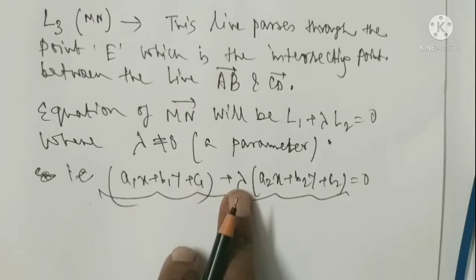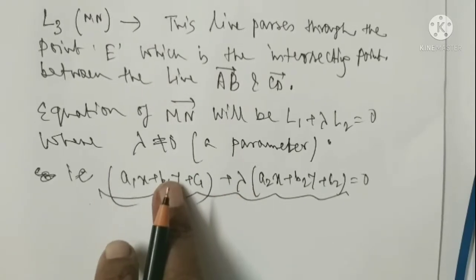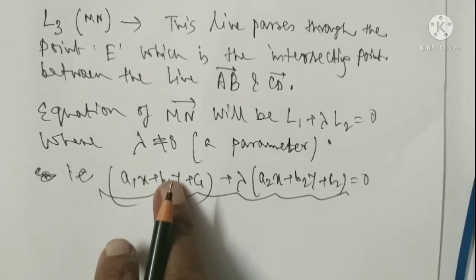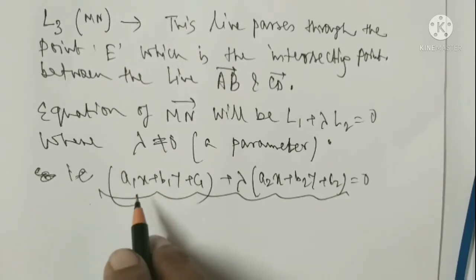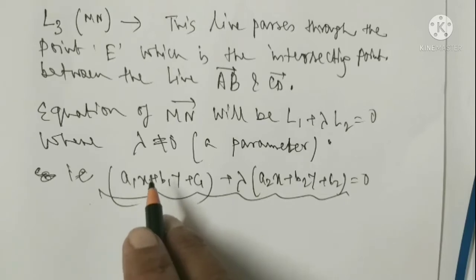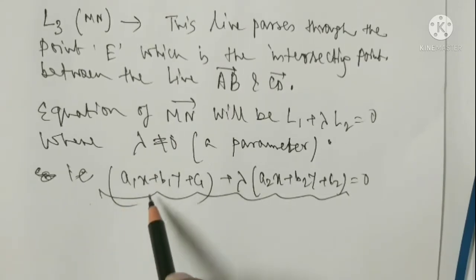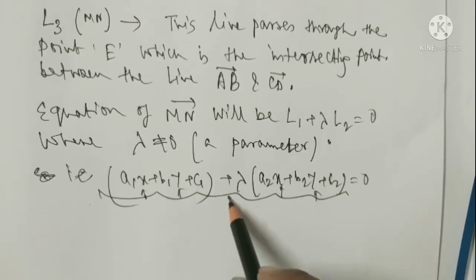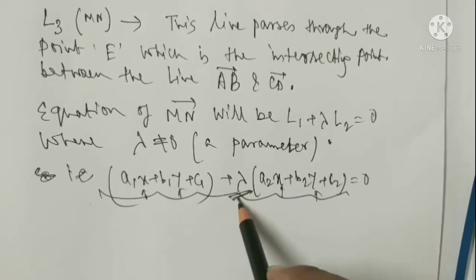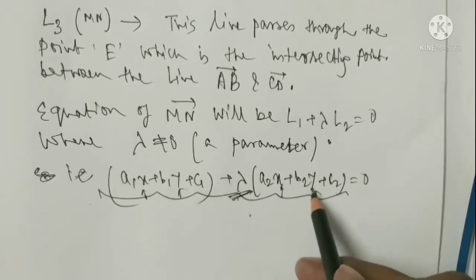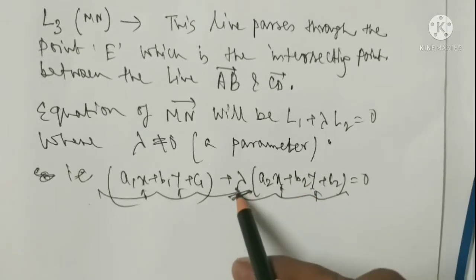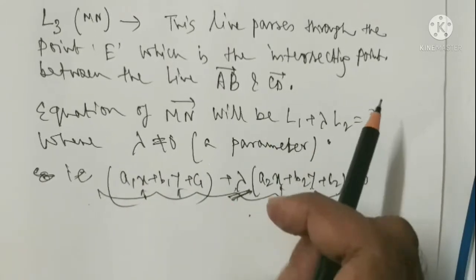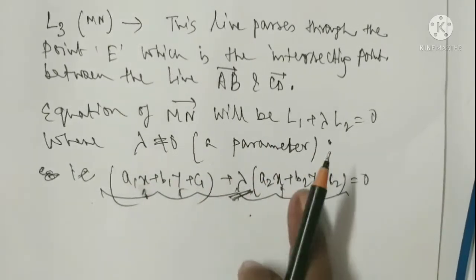Lambda is unknown here, and the intersecting point, some point, suppose 1 1, 1 2, 1 5, 2 7, anything, will be given in the problem, or we will find out from the given conditions, and then we put here x y, and then only lambda will be unknown. Lambda will be known by putting this x y value, and then by putting this lambda here we will get the equation of MN. This is the easiest structure of the intersecting line.